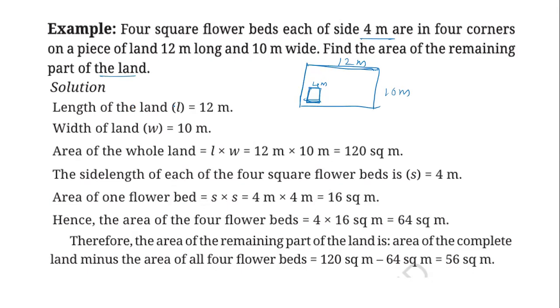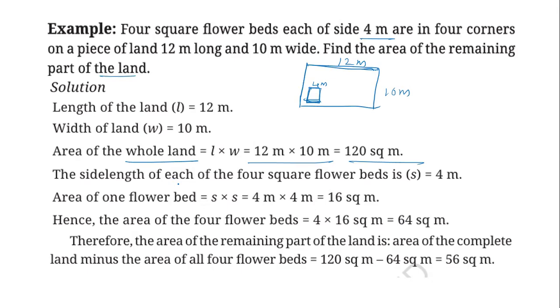Now, length of the land 12 meter, width of the land 10 meter, area of whole land is equal to length into width or length into breadth. 12 meter into 10 meter is equal to 120 square meter.